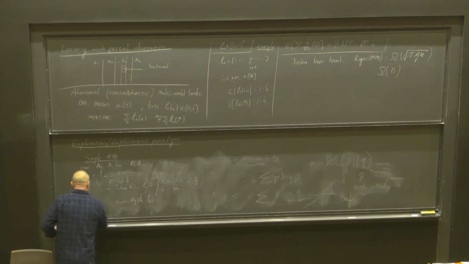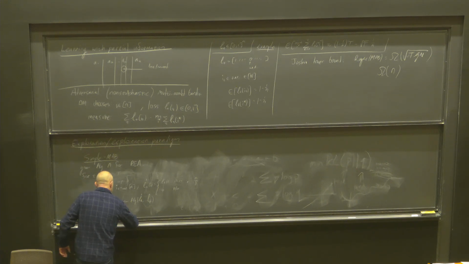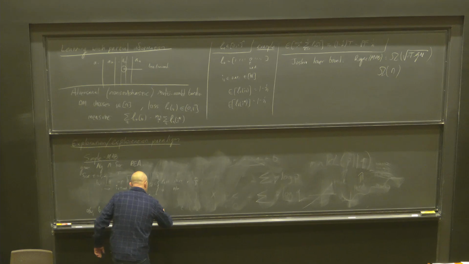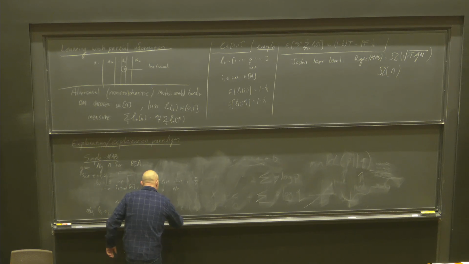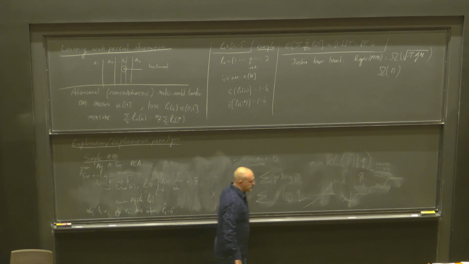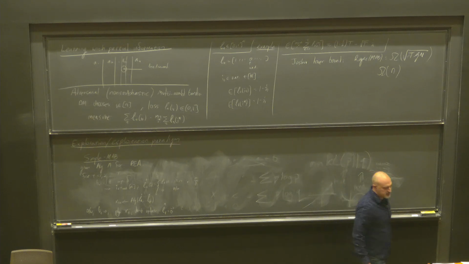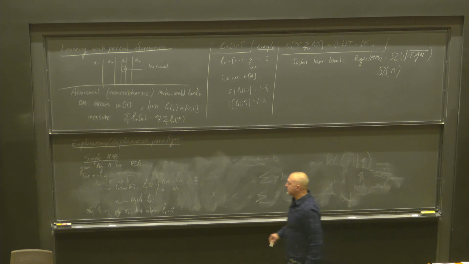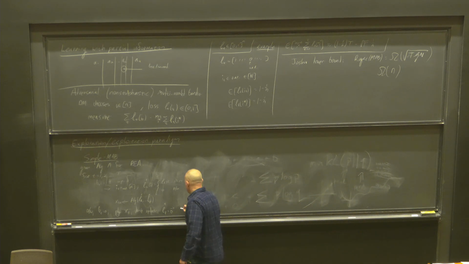Otherwise, if BT is 0, I play XT, I don't update, and I take LT hat to be 0. So I don't update at all, and xt plus 1 is xt. I don't change.